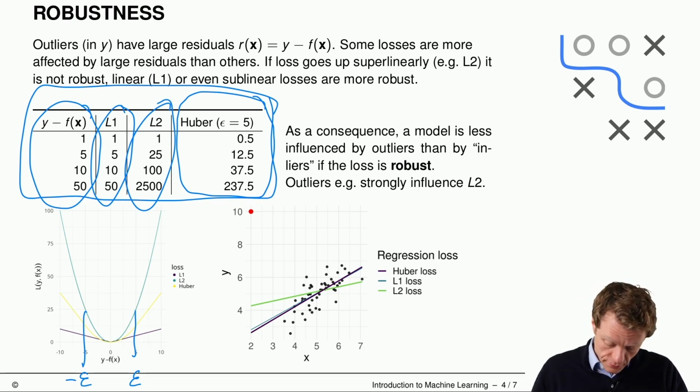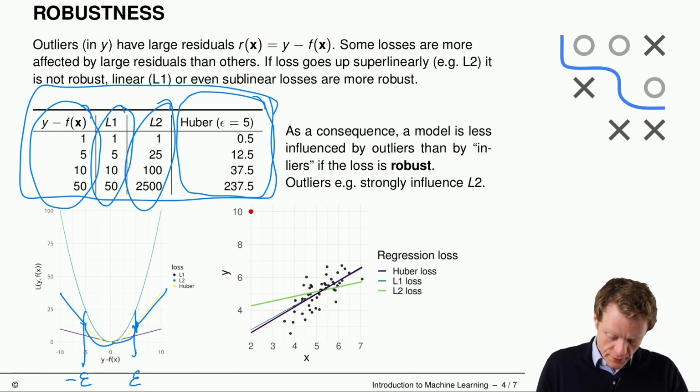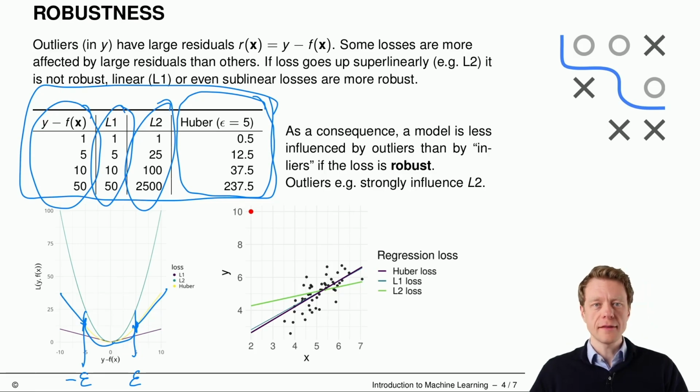And then after that, it grows linearly. So it's the parabola here, and then it grows linearly. I didn't plot that so nicely, but you will see later that the derivative at this point from the left and the right-hand side is the same, so it's continuously differentiable. So it kind of is a trade-off between the L1 and the L2 loss.